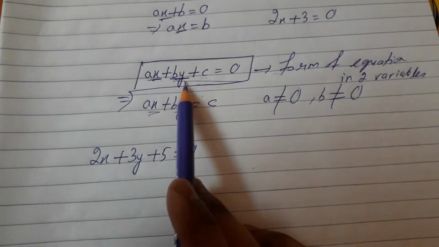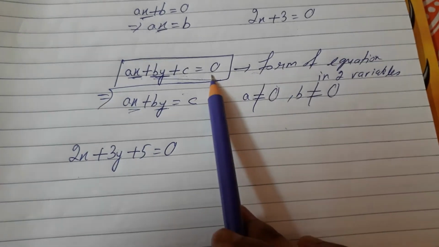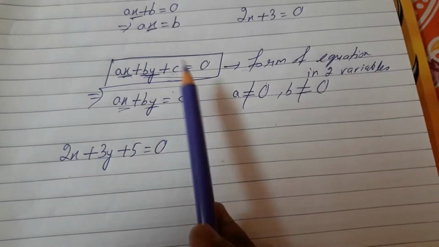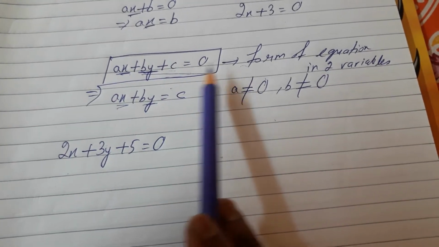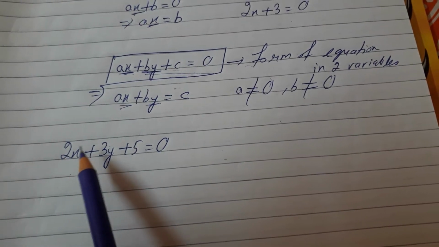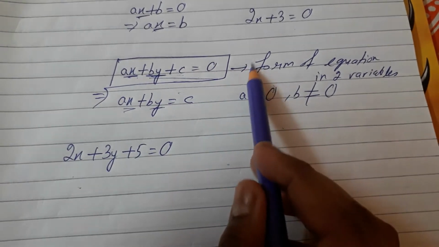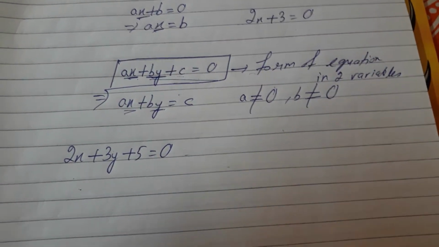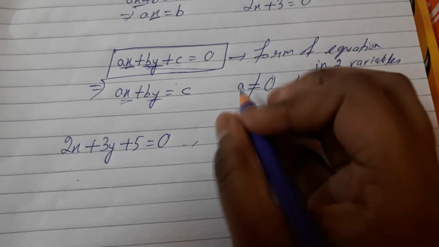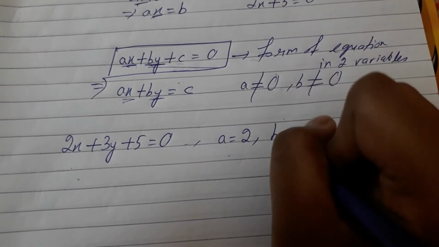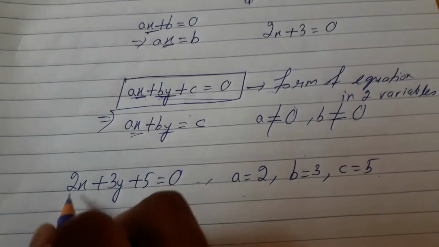So first you have to write the form ax plus by plus c equals 0 and compare it with the given equation. This is your equation number 1, and this is equation number 2. After comparing, we see here a equals 2, b equals 3 and c equals 5.